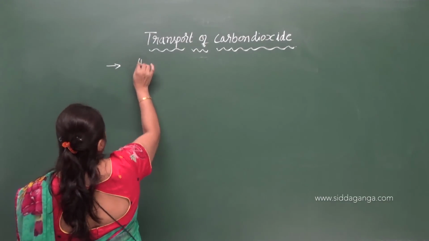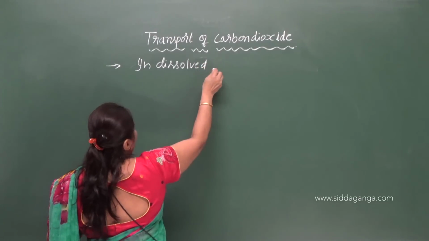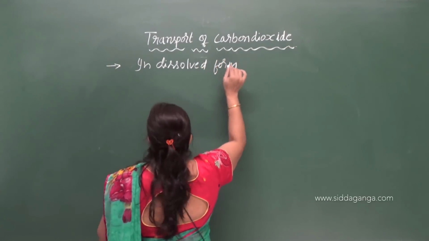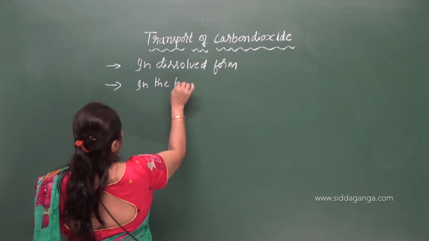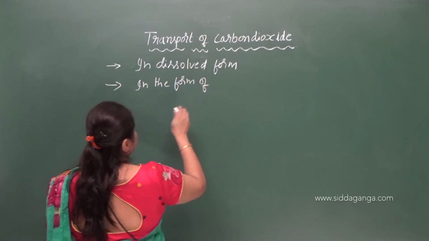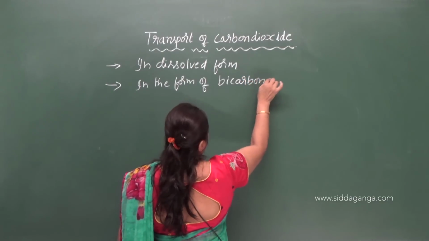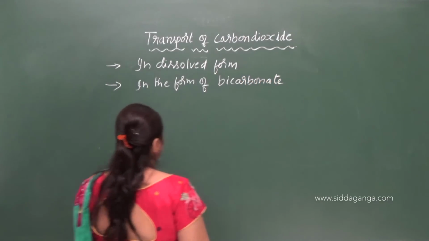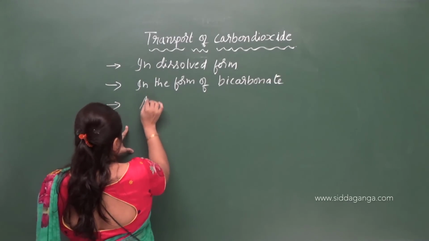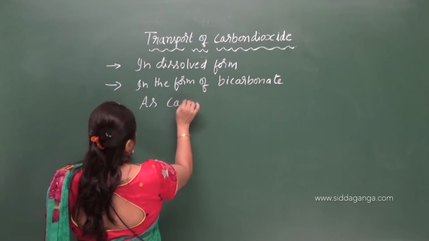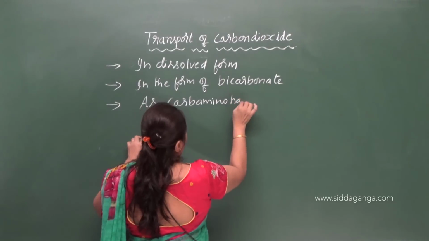One is in dissolved form, secondly in the form of bicarbonate ions, and lastly as carbaminohemoglobin.